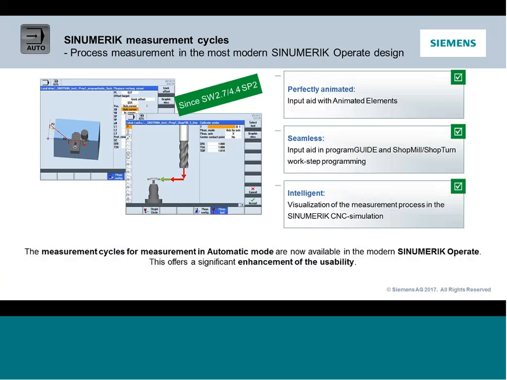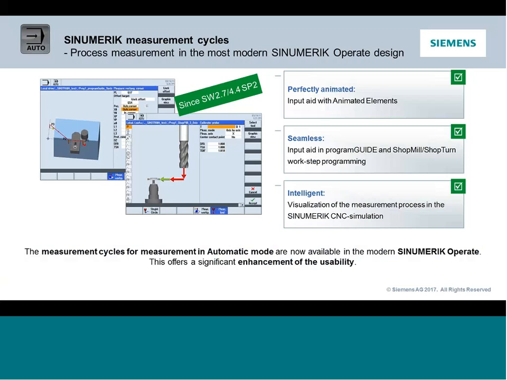Okay, so these cycles that we're looking at now really came out in what we call version 2.7 software, and that's in our latest Operate interface. Now, we've had plenty of interfaces prior to this that had measuring cycles available, but if you're familiar with the older cycles, you're going to find these are much easier to use and much more user-friendly.